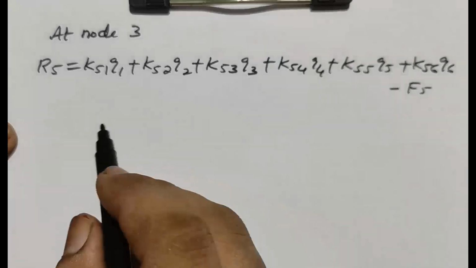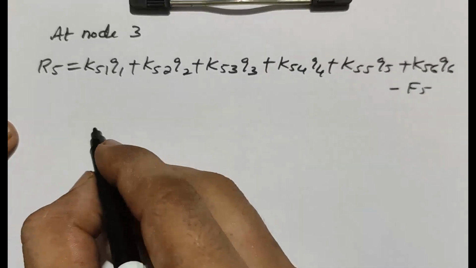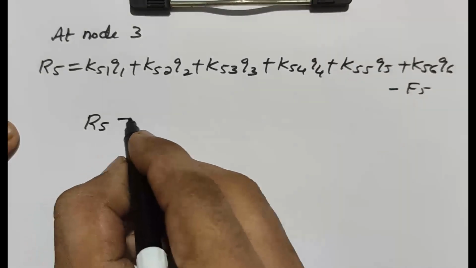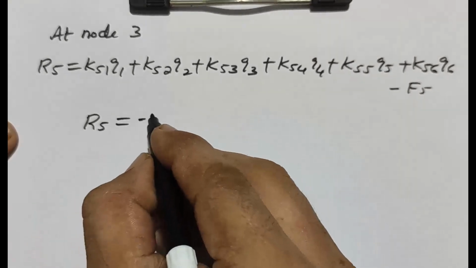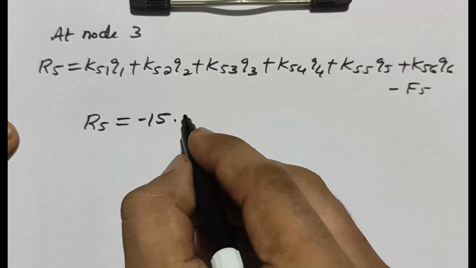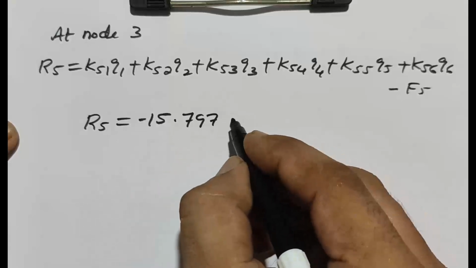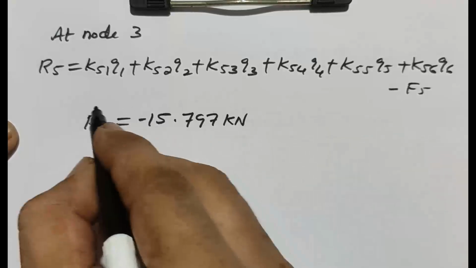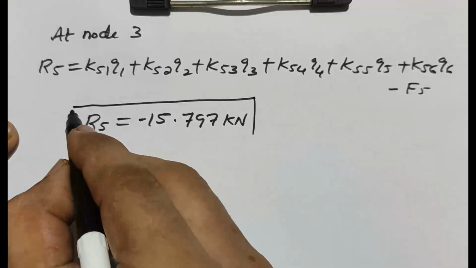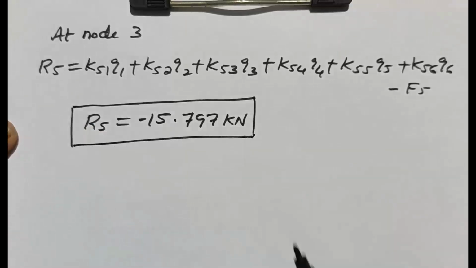If you substitute all the values and simplify, we will get R5 is equal to minus 15.797 kilonewton. This is the support reaction at node number 3 in X direction.